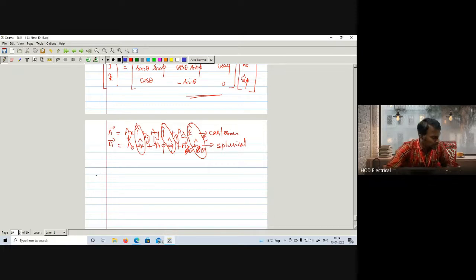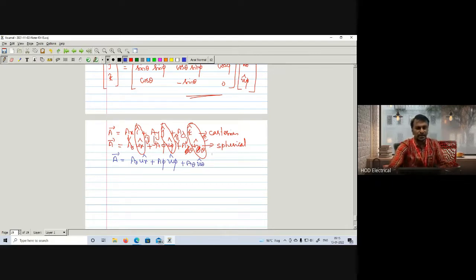So for that, what we have to do: we assume the A vector in spherical coordinates is Ar in the u r hat plus A phi in the u phi hat plus A theta in the u theta hat.